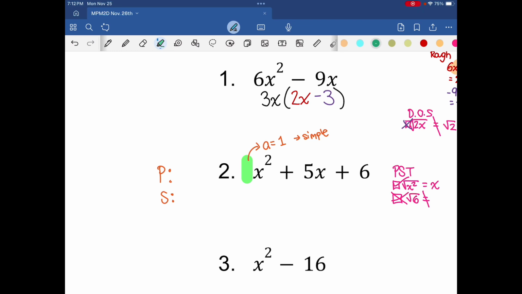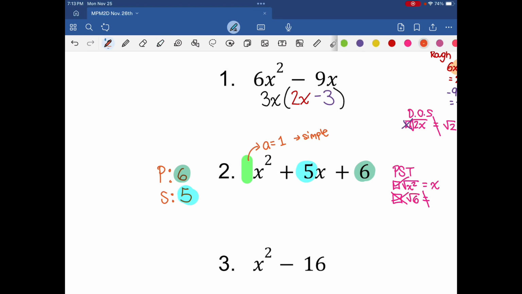The product is always the constant term, so in this case, it's 6. And my sum is simply the number of my middle term, so in this case, it's 5.